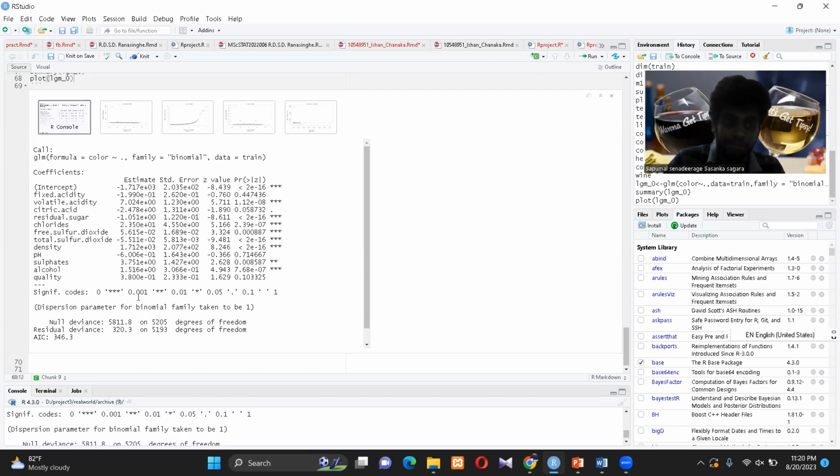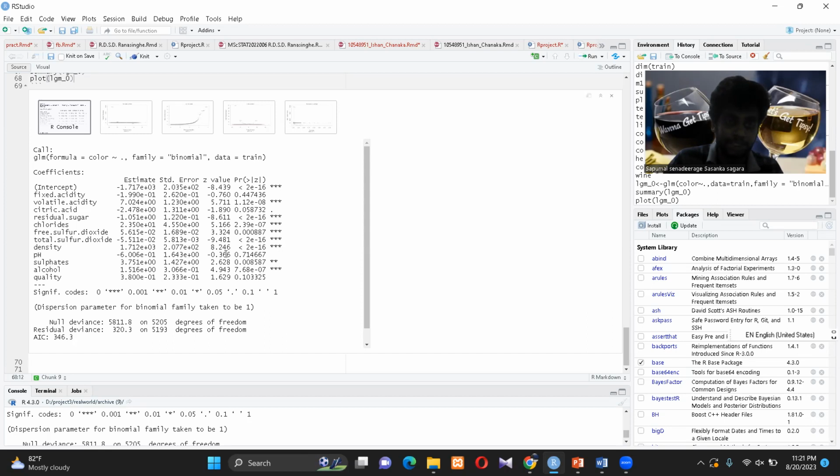The three stars tend toward the ideal scenario, alpha equals 0. With a higher number of stars, we can contribute those variables to the final model we are preparing.